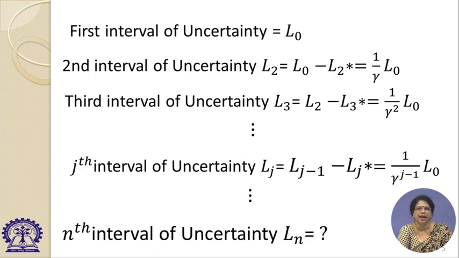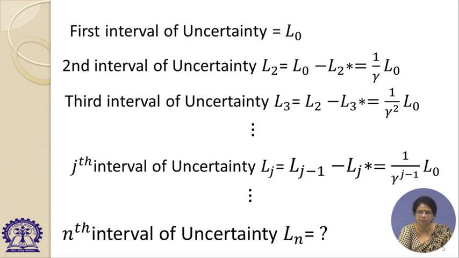And if we see the pattern, the values are coming like this: L naught by gamma, but L2 star is your L naught divided by gamma square. And L3 would be L naught by gamma square. In this way we will proceed, and in the jth experiment L naught by gamma to the power j minus 1, but Lj star is equal to L naught divided by gamma to the power j.